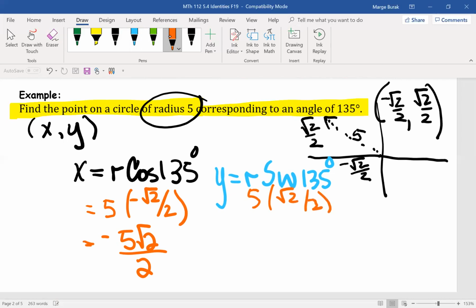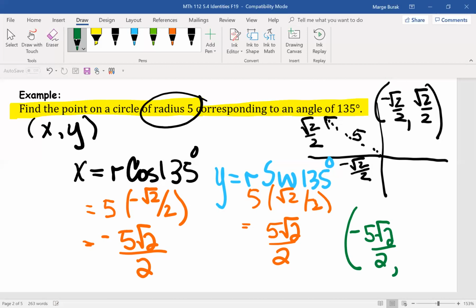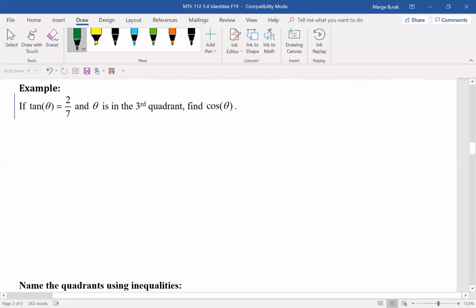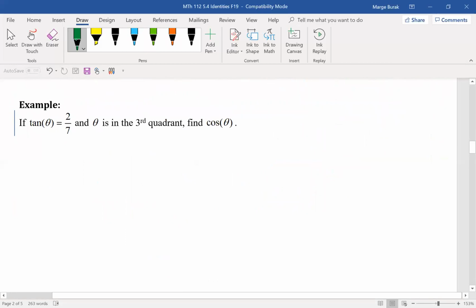We'll simplify that to 5 radical 2 over 2. So our point and final answer is negative 5 radical 2 over 2, positive 5 radical 2 over 2. And we would enter that as coordinates. Okay, I think we can do one more on here and take a break.